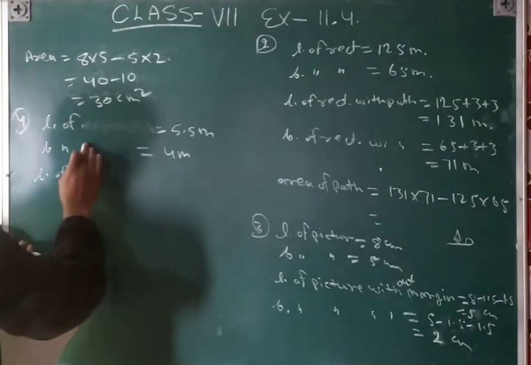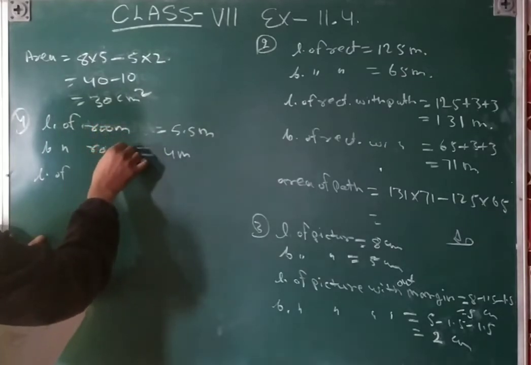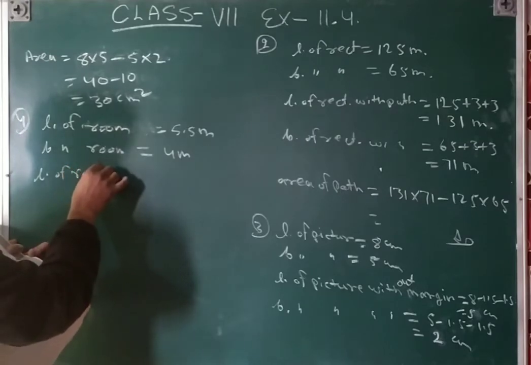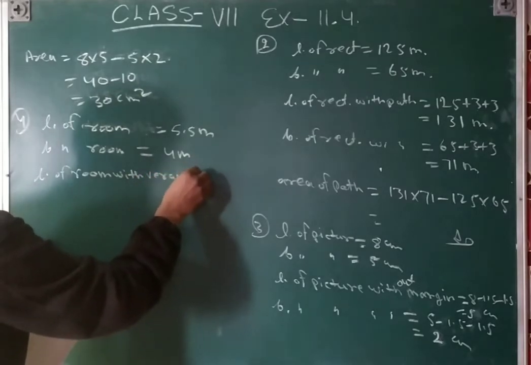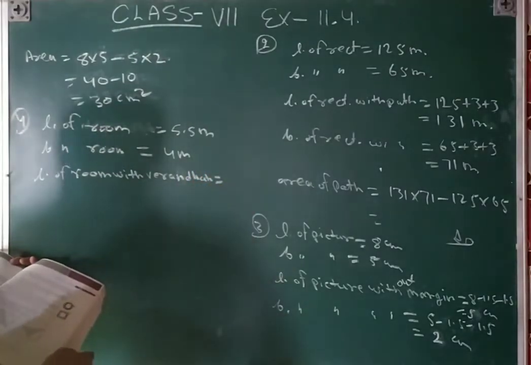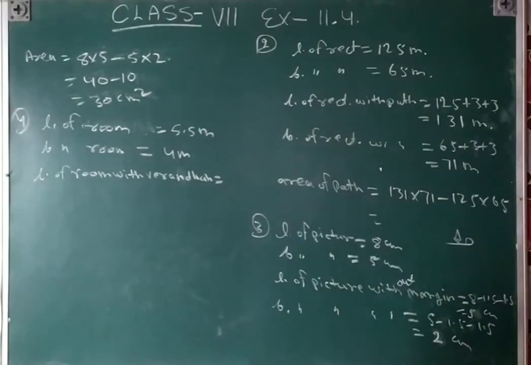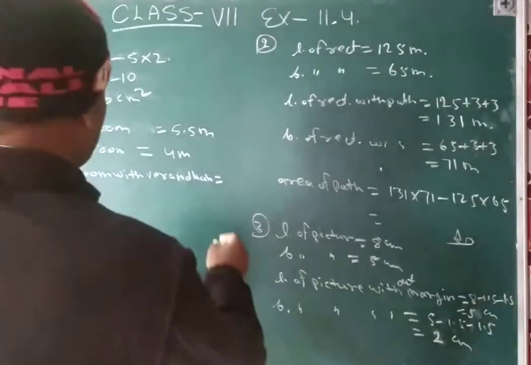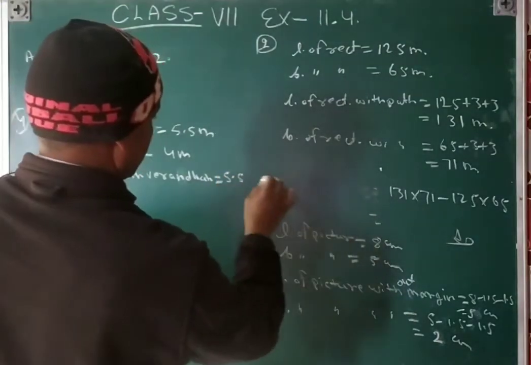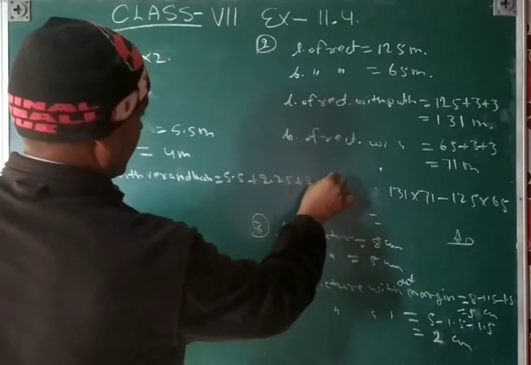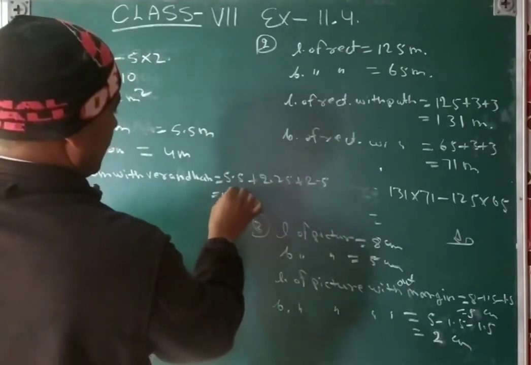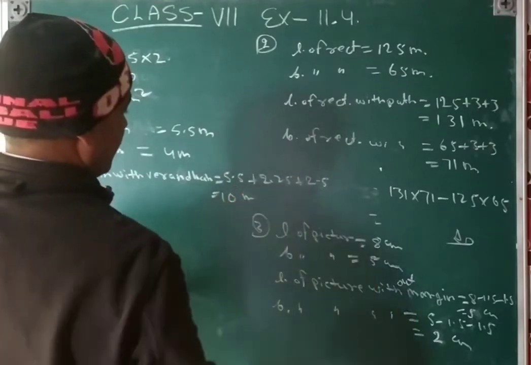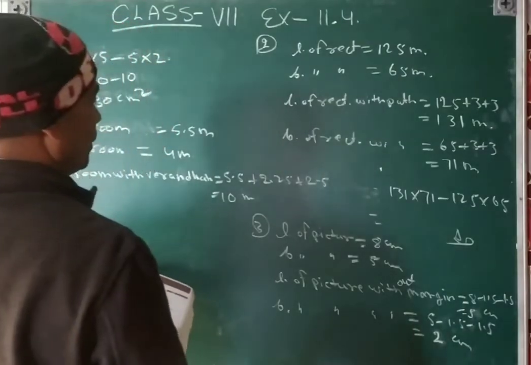Length of room with veranda is equal to 5.5 plus 2.5 plus 2.5, that will be 10 meter.